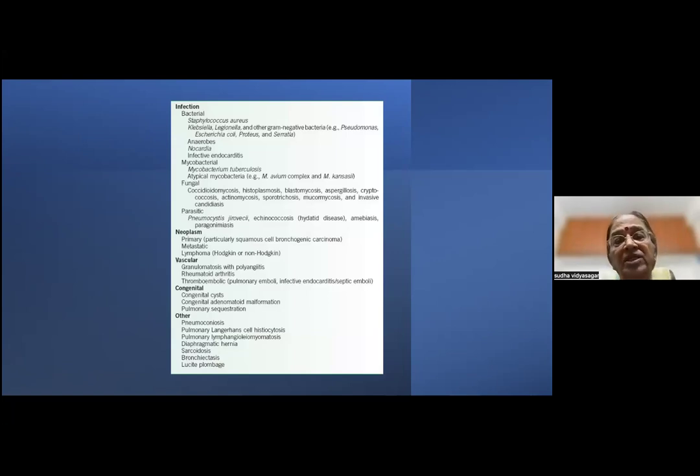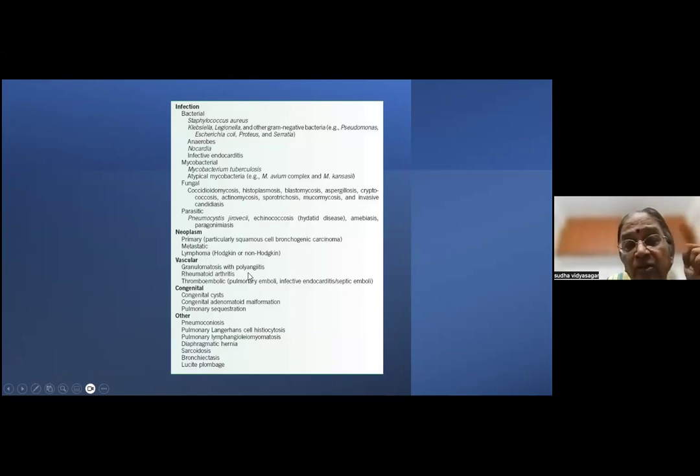Okay, you can get this list from anywhere. Like we said, Staph aureus, Klebsiella, Legionella, Pseudomonas, anaerobes, nocardia, infective endocarditis, okay, mycobacterium, tuberculosis, atypical, and then the whole list of fungal infections, and then parasitic infections. And there you see the differential that comes in, which could be a bronchogenic carcinoma or a metastatic thing, or sometimes even a lymphoma.